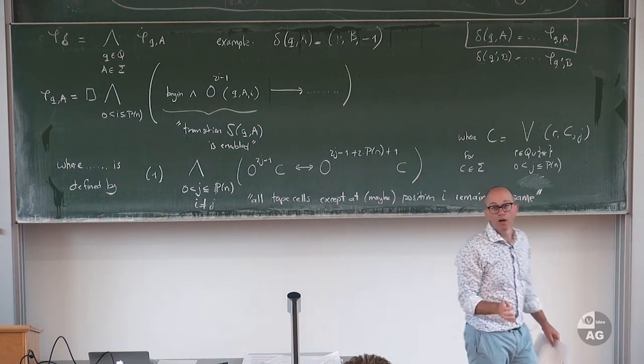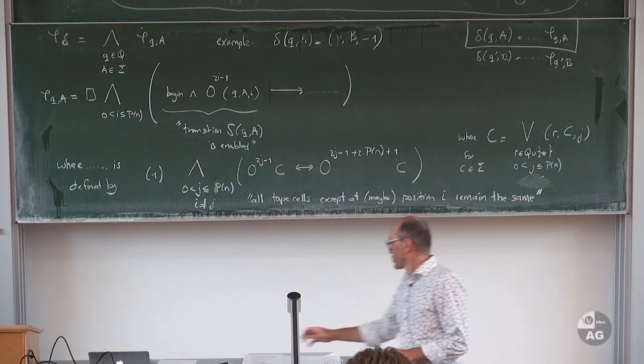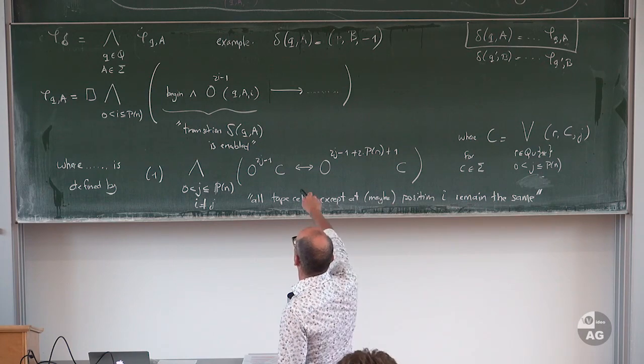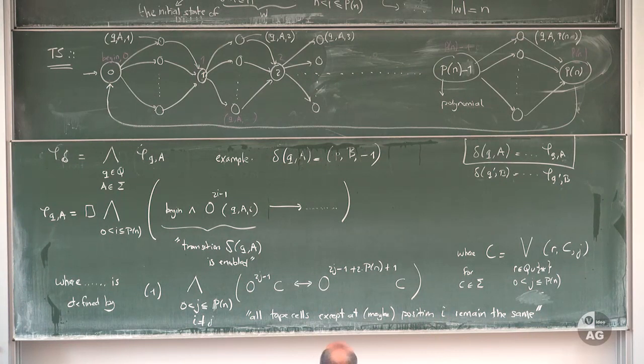So, how do I model this? I have one configuration, the current configuration, which is this thing. The next configuration is given by, remember, going back and then the next configuration.